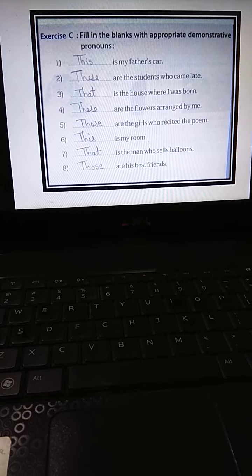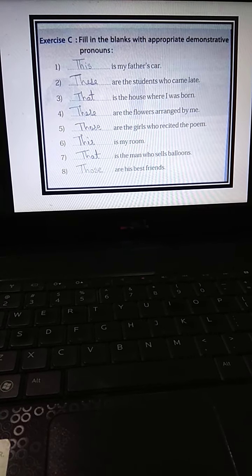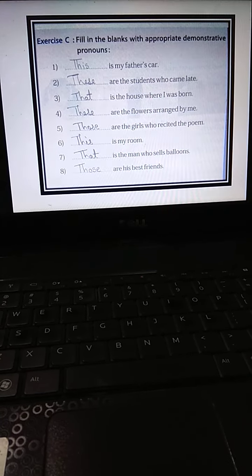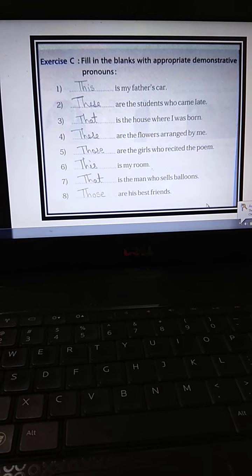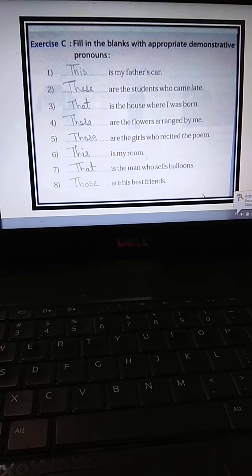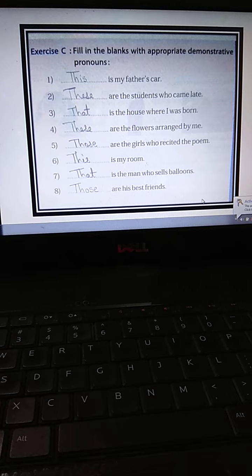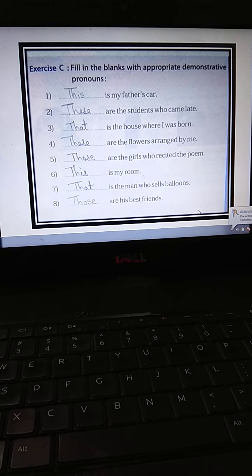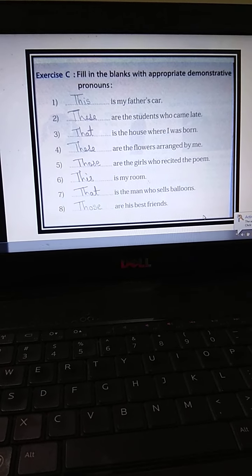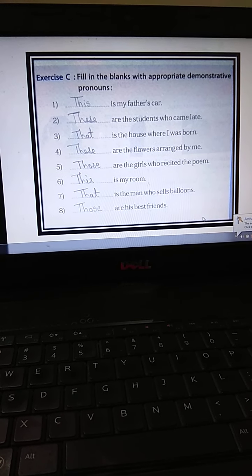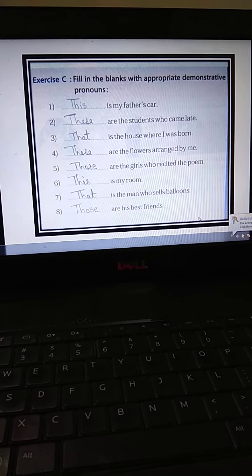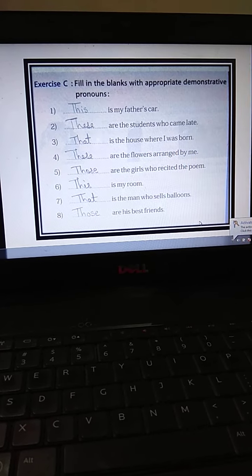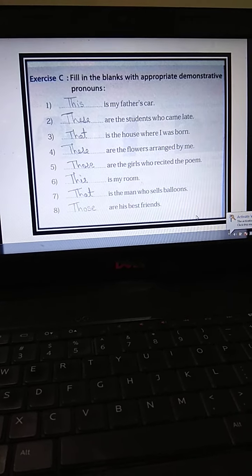Now we have to use demonstrative pronouns. A pronoun that demonstrates or points to the object is called a demonstrative pronoun.